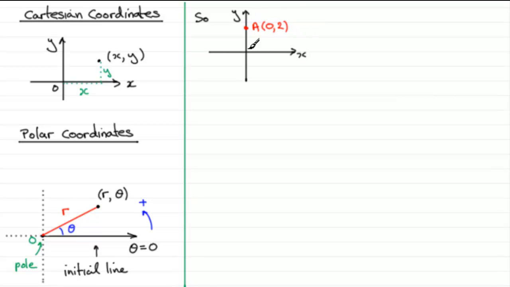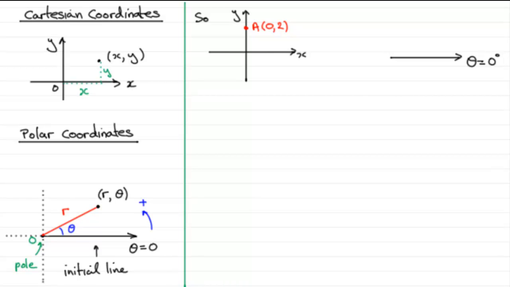Then if we wanted to represent this point as a polar coordinate, what we would do would be to draw our initial line, and suppose we were saying that it was measured in degrees, then theta would equal 0 degrees.